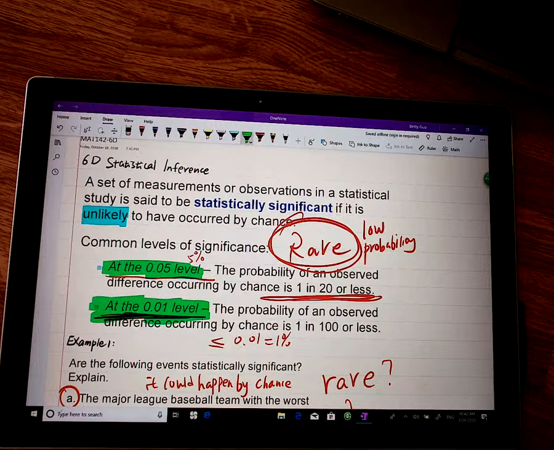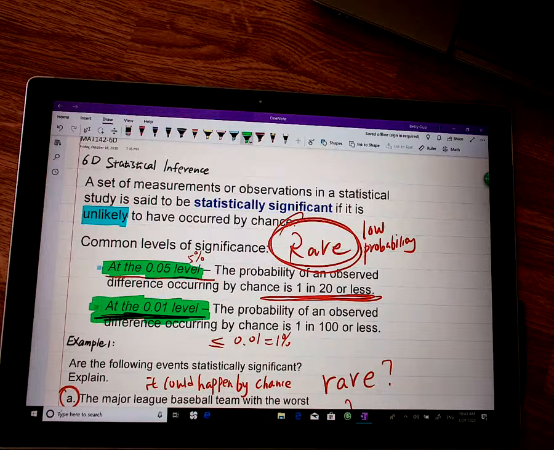In summary, when we say something is statistically significant, that means the thing is rare, R-A-R-E, or the thing occurs with a very low possibility. In order to measure how rare is rare, we have a criteria. Commonly used criteria are 5% and 1%.